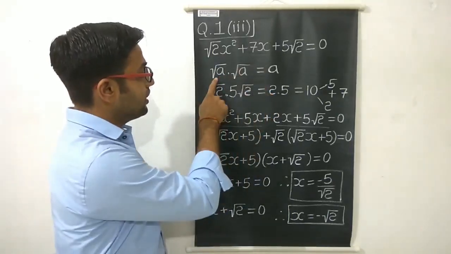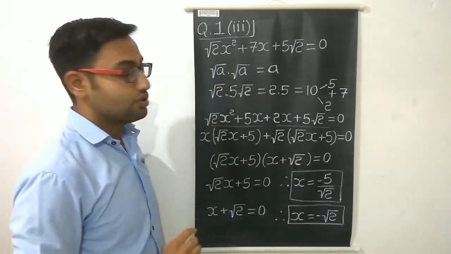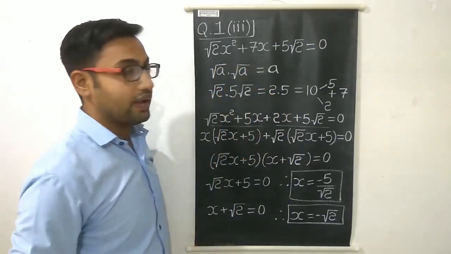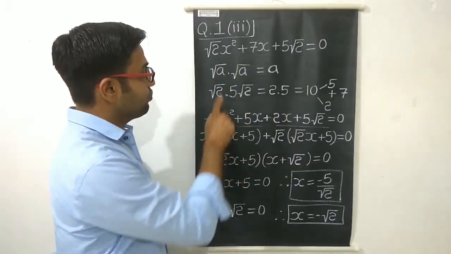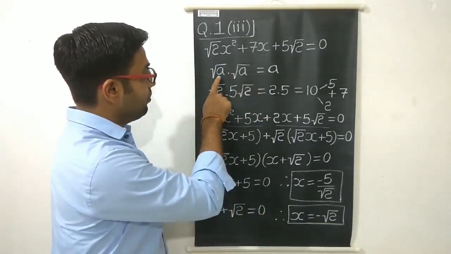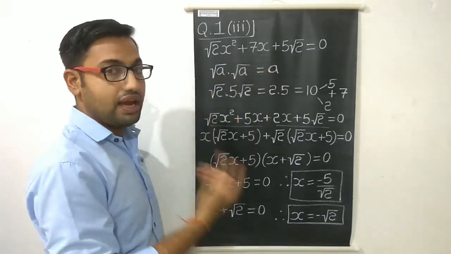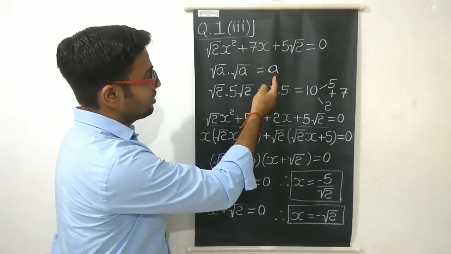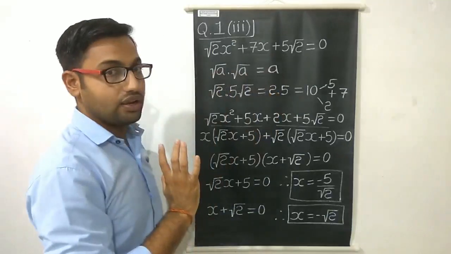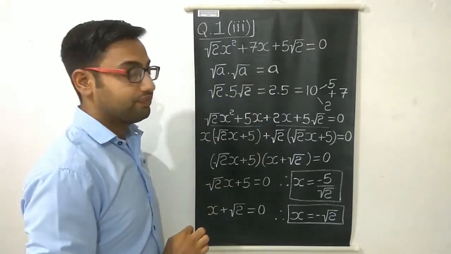If we have root 3 into root 3, we can write it as 3. So in common form, root a into root a is equal to a. We have to use this whenever necessary. We can put down a instead of root a into root a, and we can also put root a into root a in place of a.